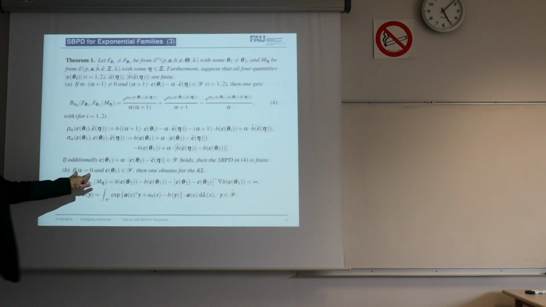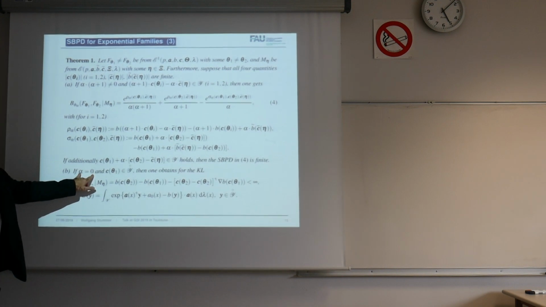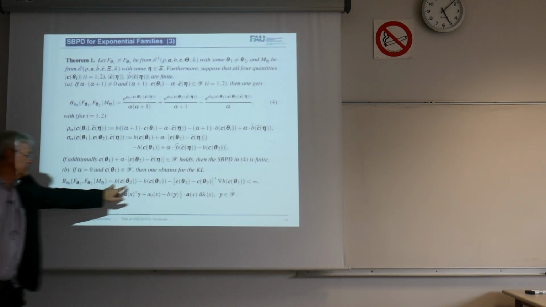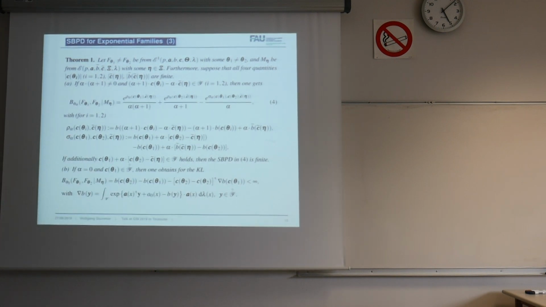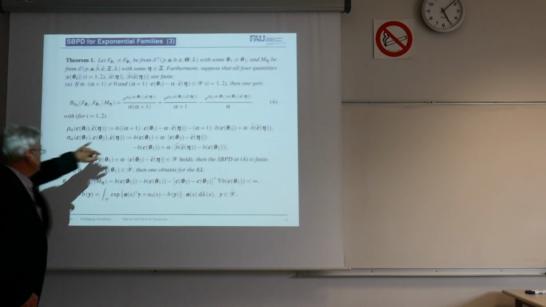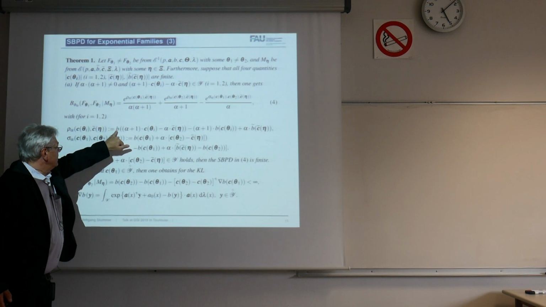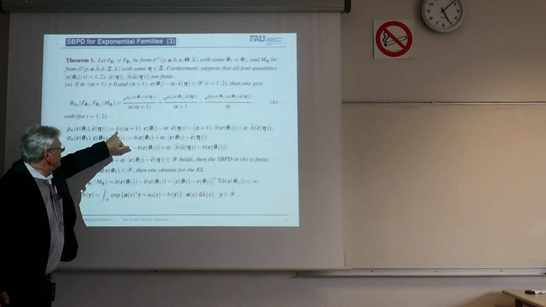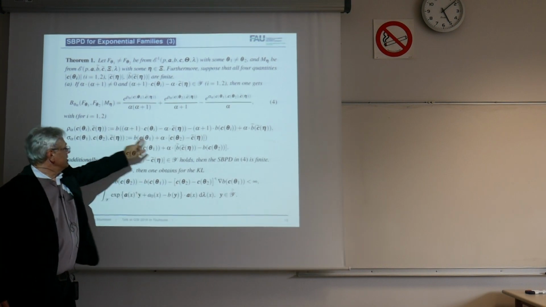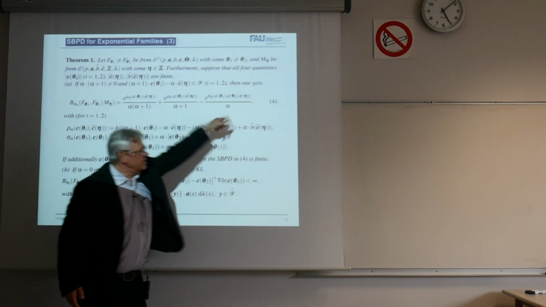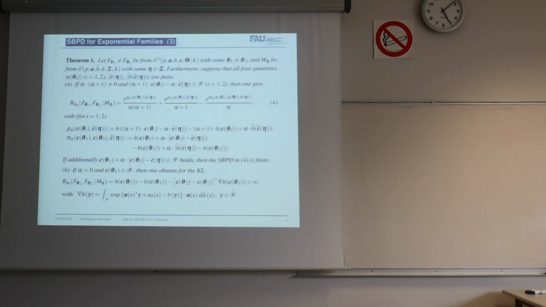And of course, alpha equal to 0, remember, is the Kullback-Leibler case. And here it is, the well-known result. Good. And you see here, of course, B, the cumulant generator, plays a decisive role here, and B tilde is the one for the scaling.